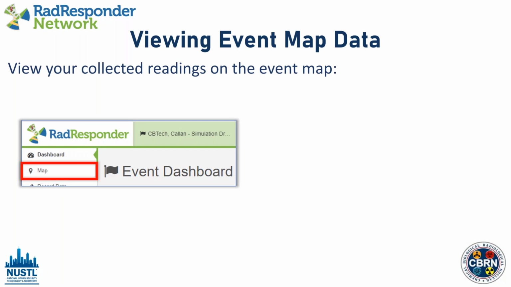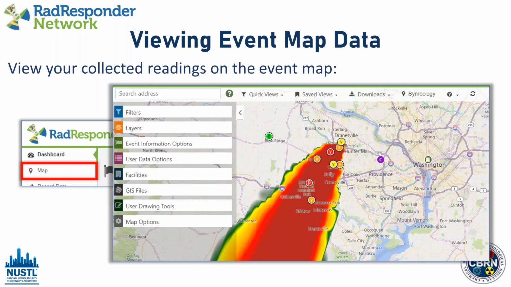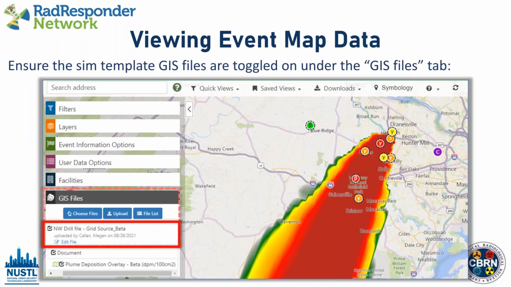We will click the map tab, and you will see those readings now populate that you have collected. So we want to make sure that we do have that simulation template GIS file toggle on. That way we can see different areas of the simulation and why readings in a specific area may be higher or lower than other areas.